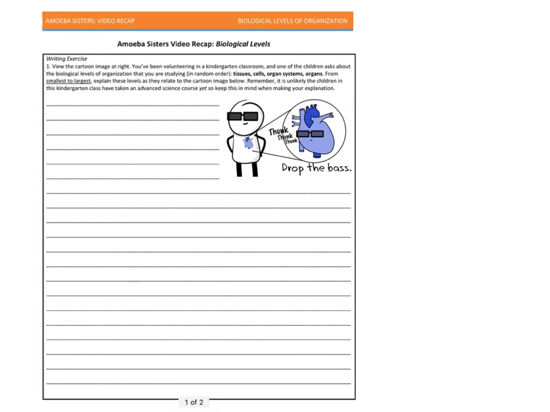You're going to use that cartoon over on the side here to kind of explain to that little kindergartner how these things are interconnected. See how creative you can be by trying to explain this to a kindergartner.